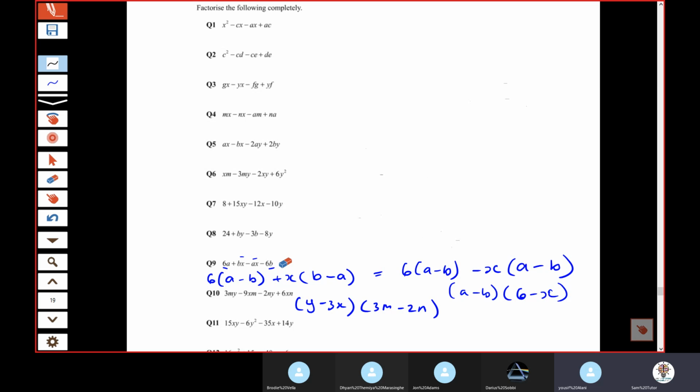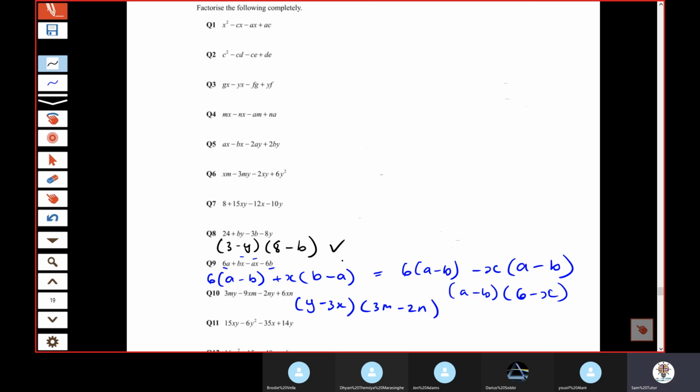I got number 8. I changed it up, so I did 3 minus y and 8 minus b. So you did 3 minus y this time and 8 minus b. That's correct.